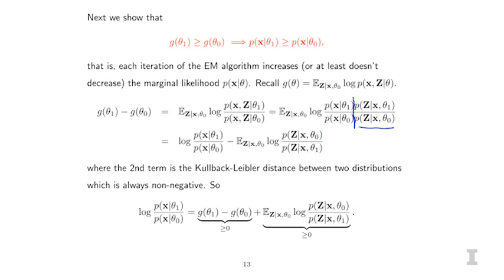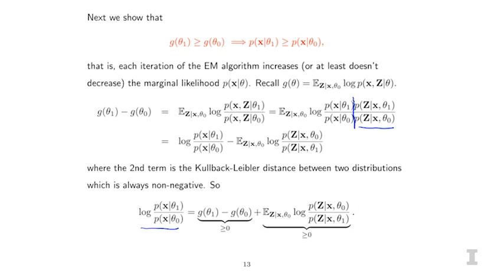Okay. So we have this equality and we rearrange it. This term is equal to this difference plus this term. So this is what we have here. Now notice this term is the KL divergence between two distributions over z, and so it's always non-negative, bigger or equal to 0.